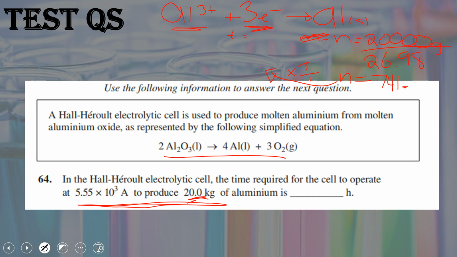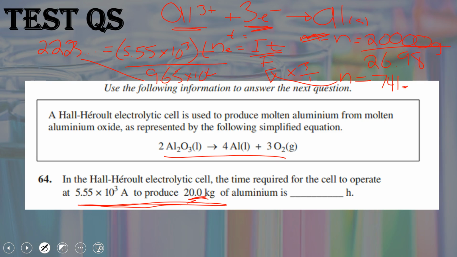So then if I'm going to go into this formula, n_e equals I t over F, the number of electrons is 2,223, blah, blah, blah, equals the amps, 5.55 times 10 to the 3, times the time I'm trying to figure out, over Faraday's constant, so 9.65 times 10 to the 4.